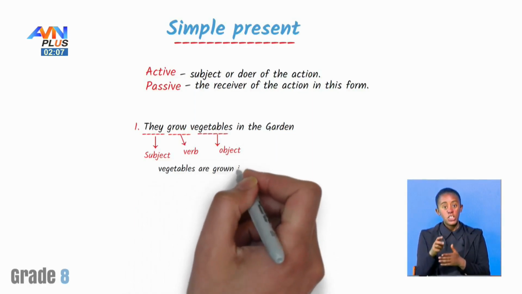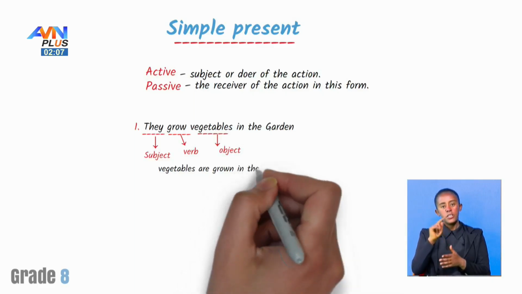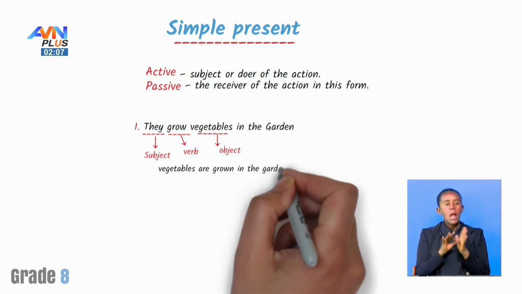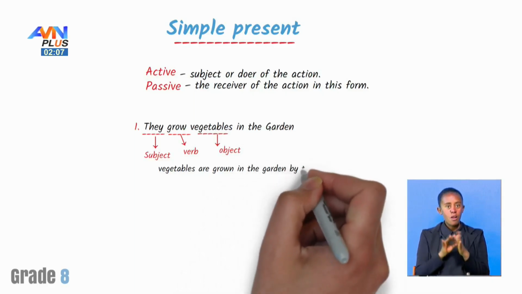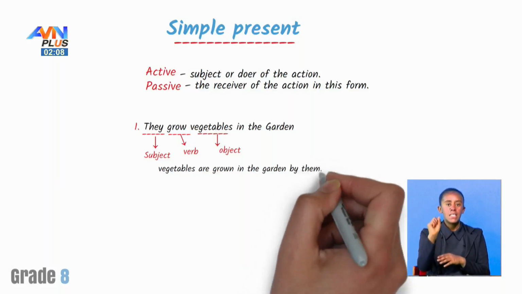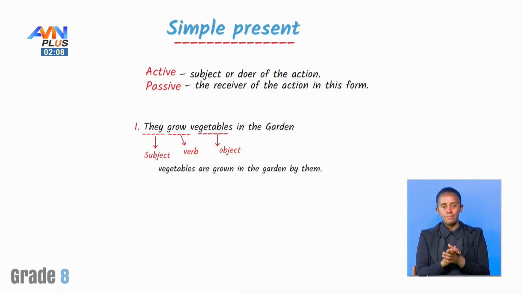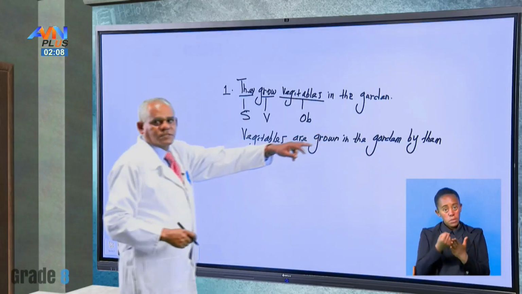Vegetables are plural in number. Good. The vegetables are grown in the garden. By whom? By them. Now, the subject goes to the last position.